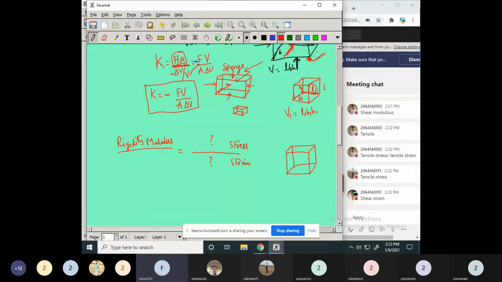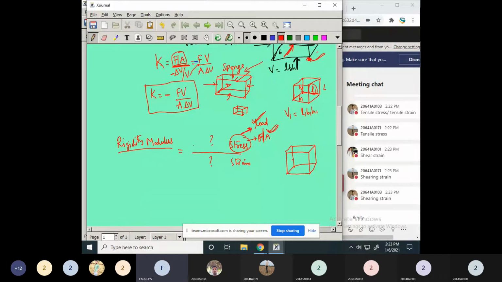Now this is the actual material without any application of stress. So what does stress actually mean? You are applying a force per unit area, whatever area is available, on which you apply the force, or else you can consider the same thing as a load. That is the meaning of stress.